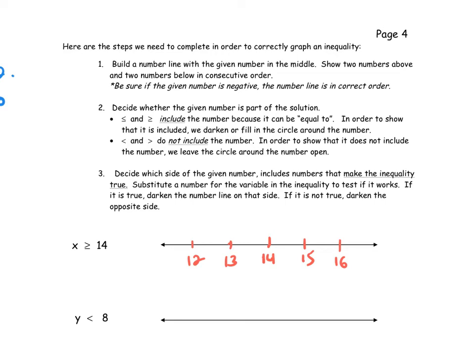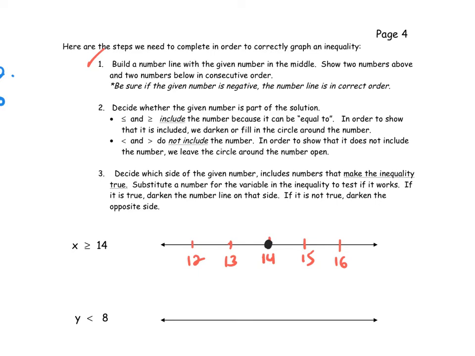So that's step number 1. Step number 2 says decide whether this number 14 is part of the solution or not. So let's go back to our inequality. It says all the numbers that are greater than or equal to, so yes, 14 is included. So we want to show that by filling in a circle on 14. 14 is part of the solution.